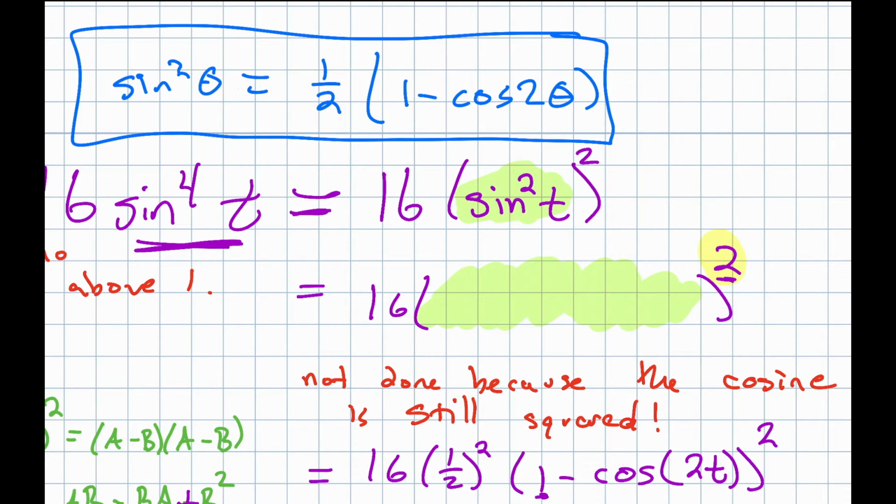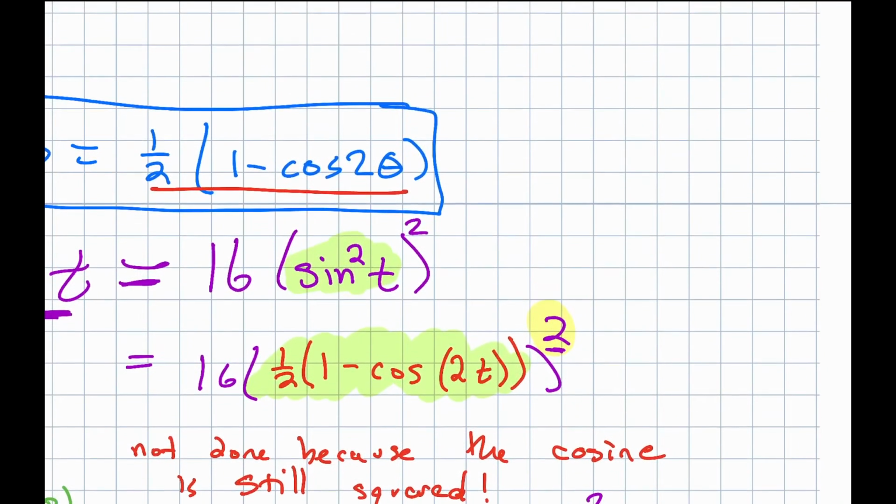What would we do for sine squared t? It would be equal to the right-hand side here, 1/2 (1 minus cosine 2 theta), but it's 2 theta when this is a theta. When this is a t, it should be 2t, right? So we just apply the power reducing formula here.